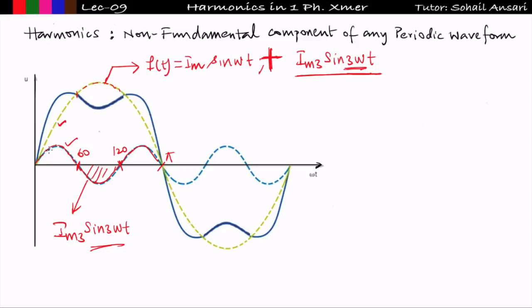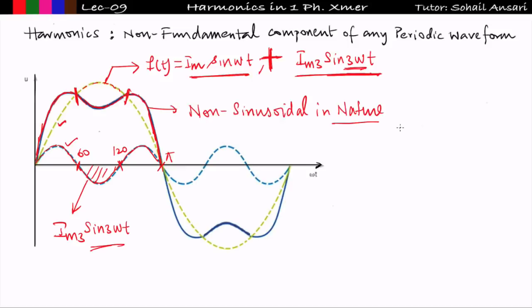So the resultant component will be something like this, as shown in blue. This is the resultant waveform. You can see in the resultant waveform there is a dip obtained after adding Im sine omega t and Im3 sine 3 omega t. So the resultant waveform is non-sinusoidal in nature because it contains harmonics. This type of waveform is known as a flat topped waveform.